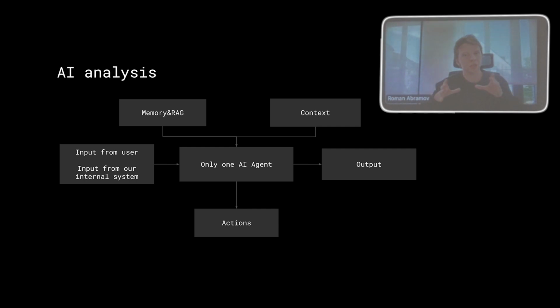So we have an AI agent, we also have memory, RAG, and context, which includes information about the user, previous messages, and actions. So basically this is the ElizaOS framework, and what differs from previous architectures is that we don't have several services. We don't have several infrastructures that we need to sustain. We only have one of that.